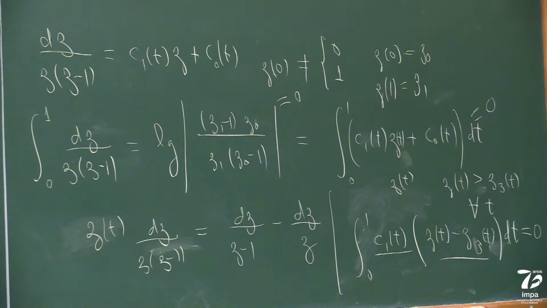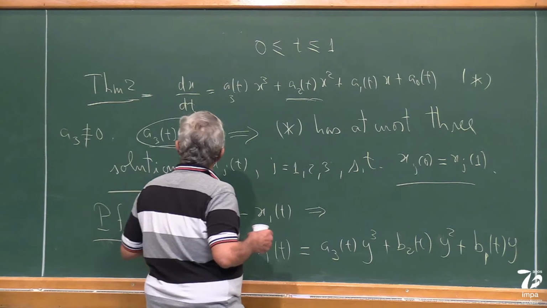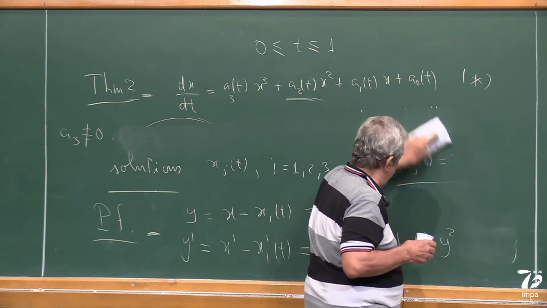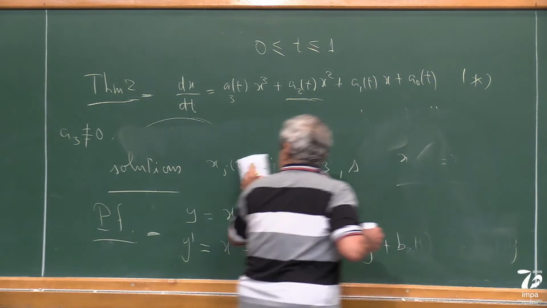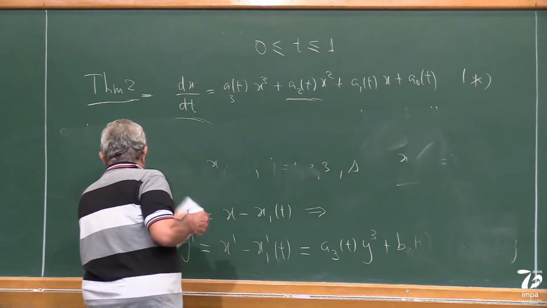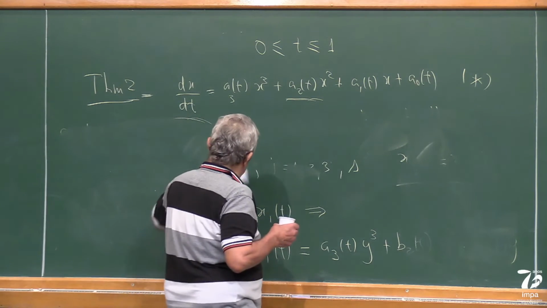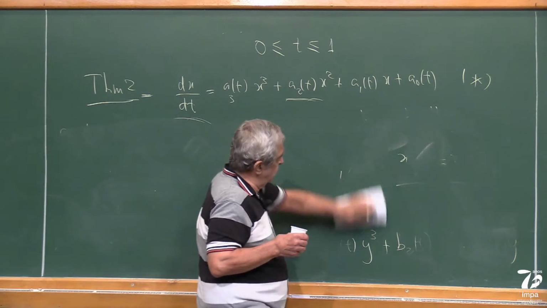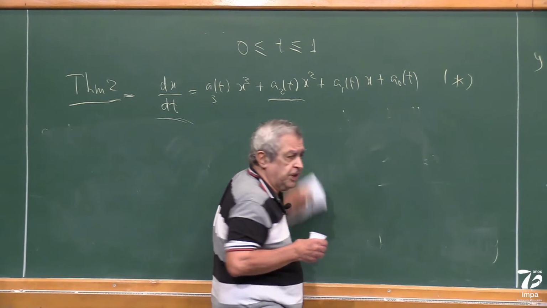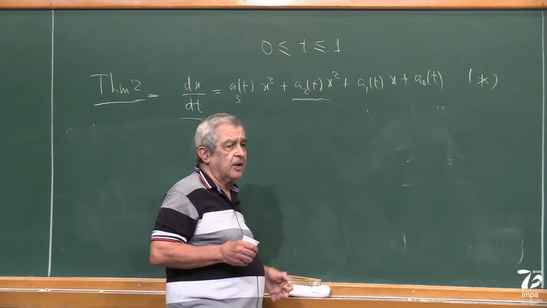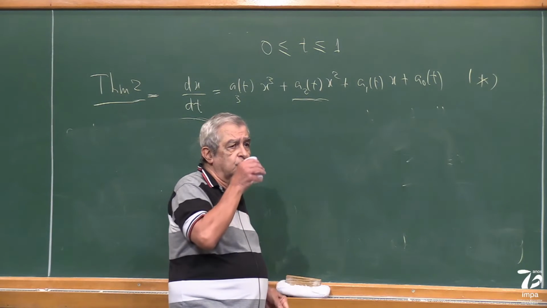Now, theorem 2 is that if you don't assume this condition, A3 greater than or equal to 0, so if you allow A3 to be 0 someplace, then you can have any number of solutions.